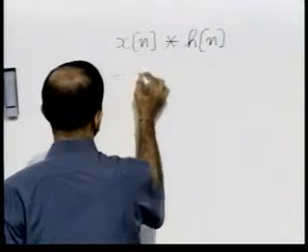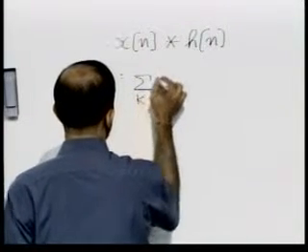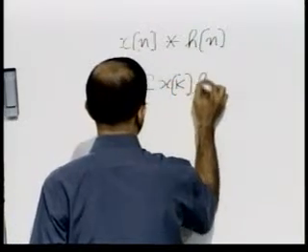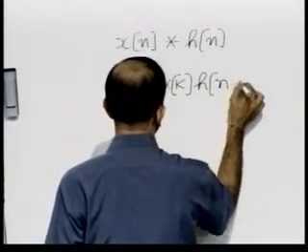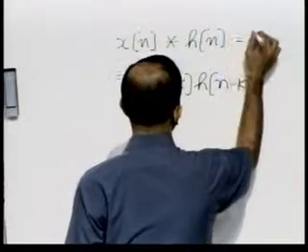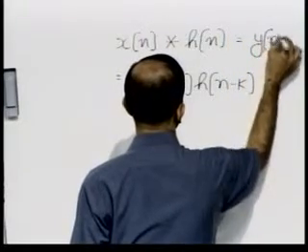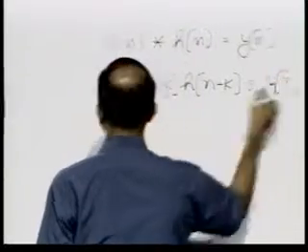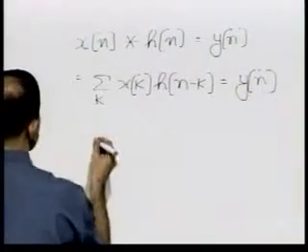Which is expressed by summation on k of x[k] h[n minus k]. Let us call this sequence y[n]. We wish to find out the Z transform of y[n].